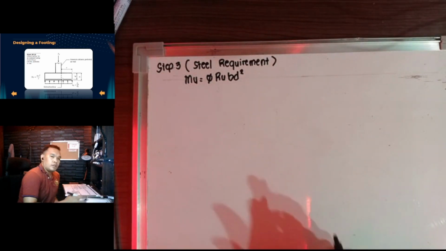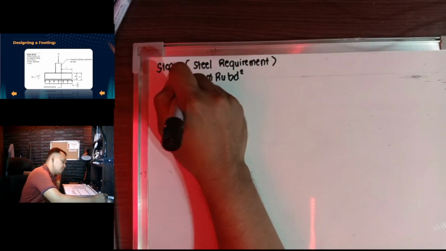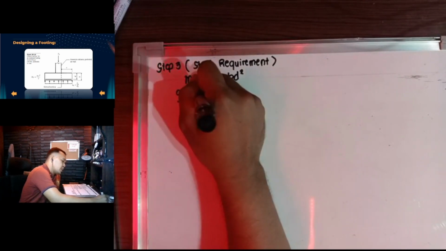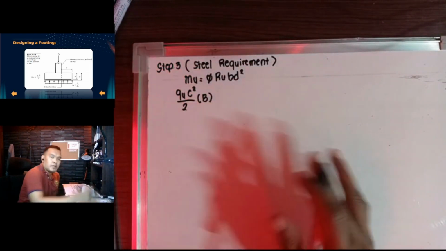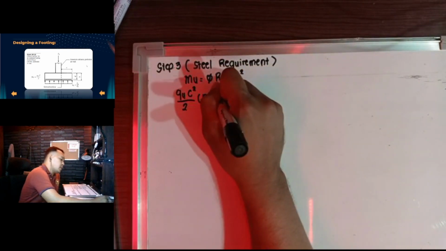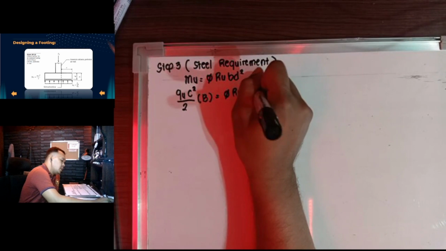So, lagay ko na lang yung formula na Mu is equivalent kay qu c squared over 2. So, qu c squared over 2 times B yan. May B pa dapat yan, no? Or yung distance na tong pag ganon, yung perpendicular distance nito is equivalent kay phi Ru bd squared.